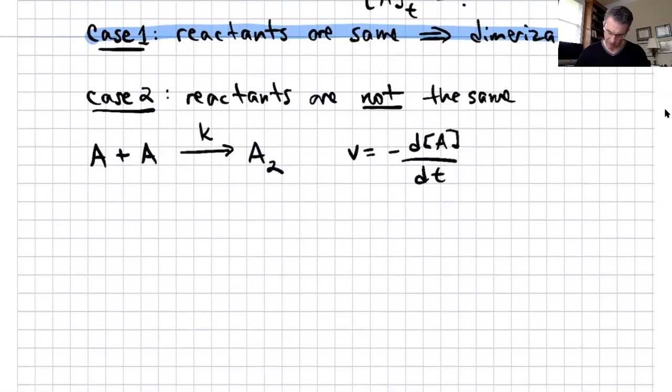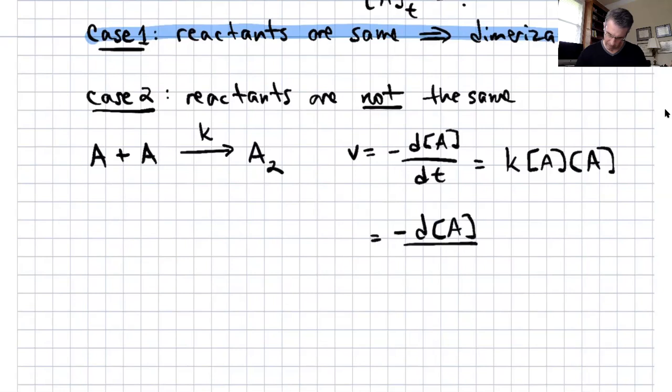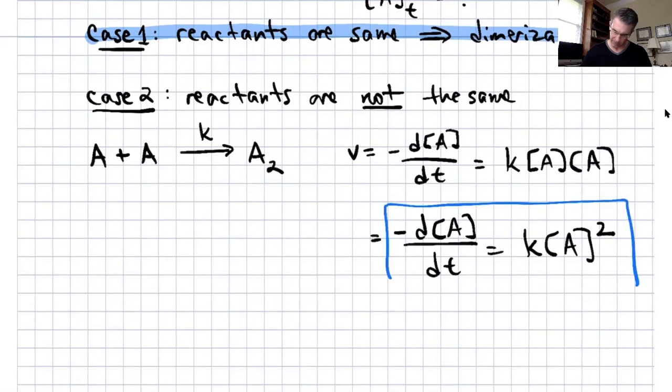In analogy with how we did this before, that would have that rate constant times the concentration of A times the concentration of A, which means our rate equation here is simply written as this. Fairly straightforward.